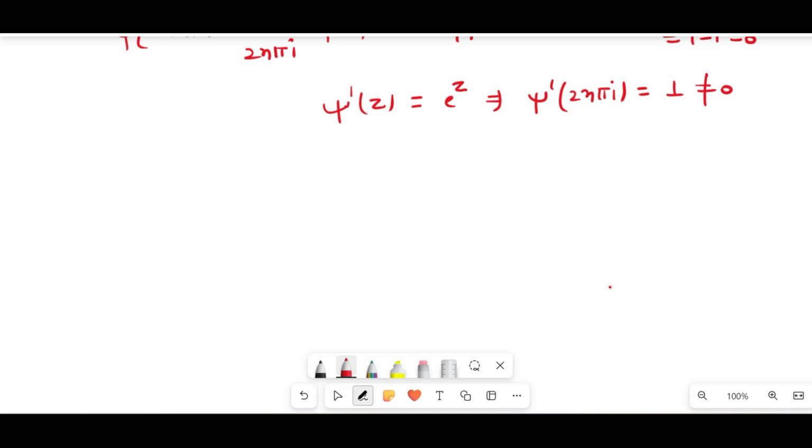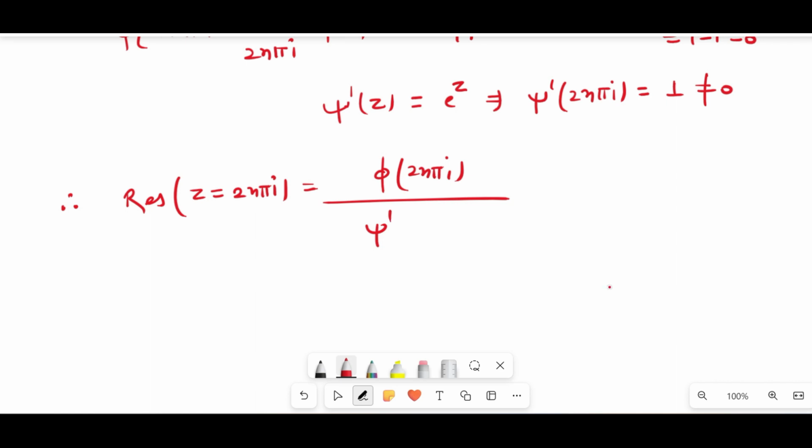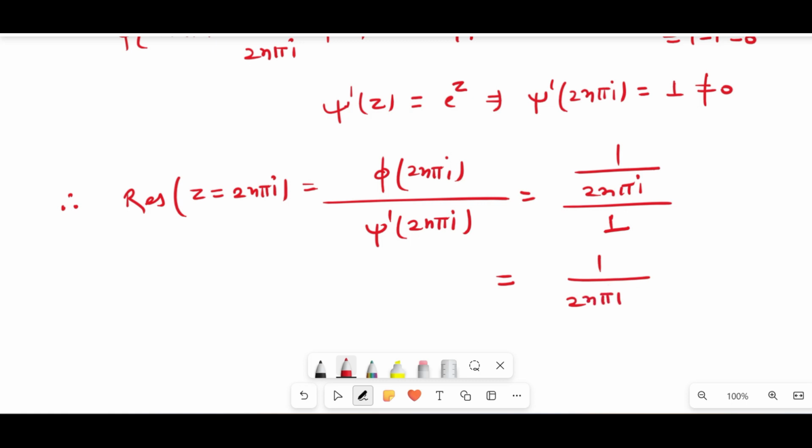Therefore, the residue at z is equal to 2n pi i will give phi of 2n pi i over derivative of psi at 2n pi i. So this will give 1 upon 2n pi i upon 1. So this value is equal to 1 upon 2n pi i.